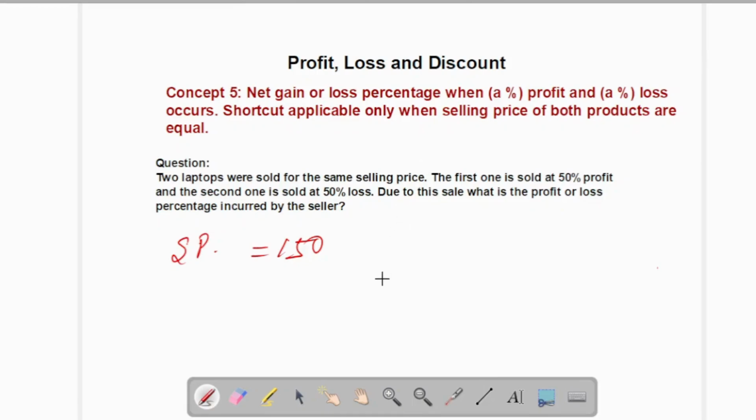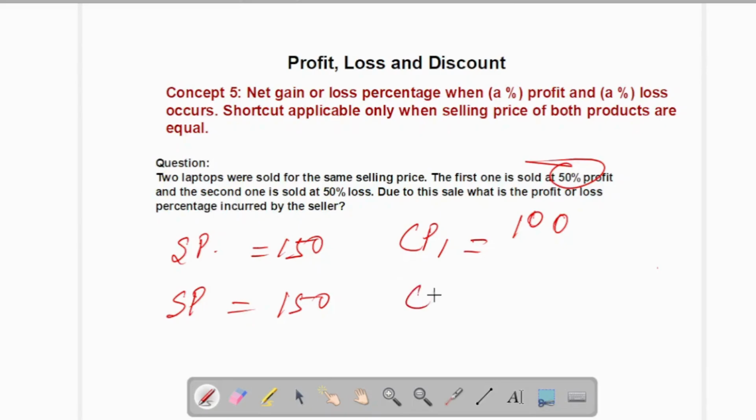Now if the selling price of both the laptops is 150, the cost price of the first laptop will be 100, because we are making 50% profit.